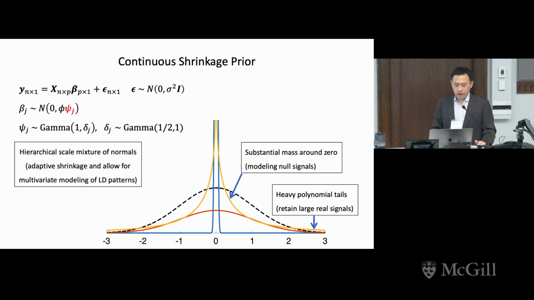The way we estimate the beta is we ask the beta to follow a normal distribution with a mean of 0 and a standard deviation defined in this way. The continuous shrinkage differs from other priors in that we allow beta to take a different standard deviation term for each beta, and we regularize the distribution of the standard deviation by this gamma distribution. Any question?